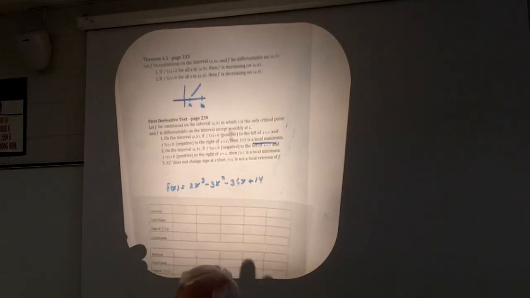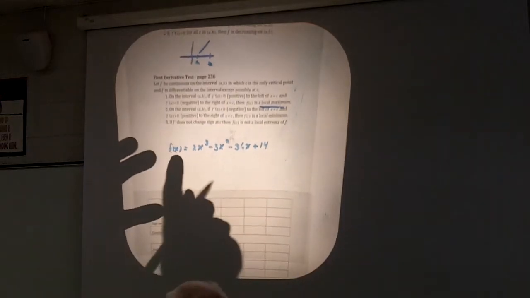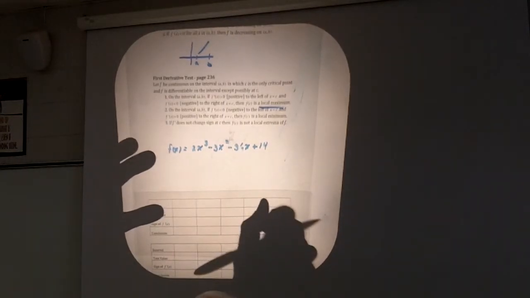Okay, now, here we go. Watch what happens with this little grid I made. I'm going to build on it tomorrow a little bit more, dealing with concavity, concave up and concave down. Okay, now, I'm going to start with this problem. This is really a nice, easy one.